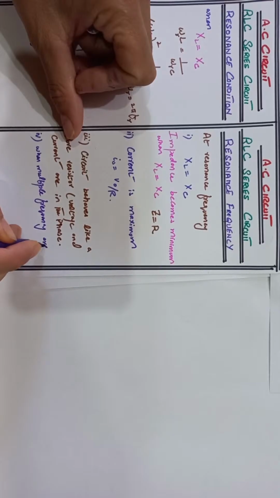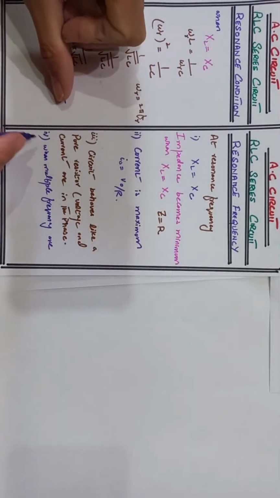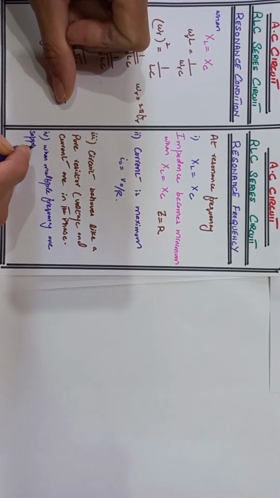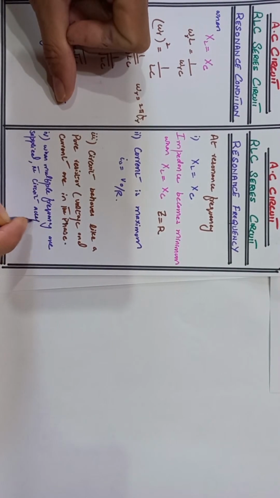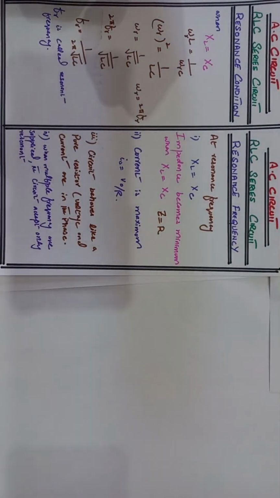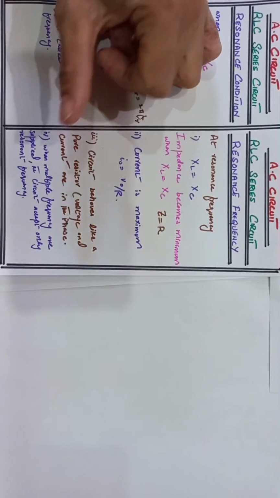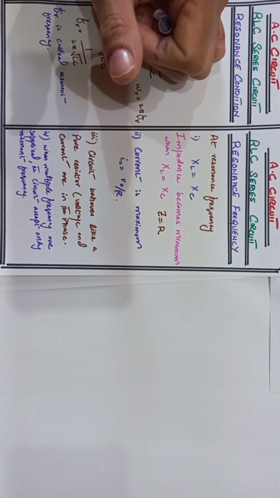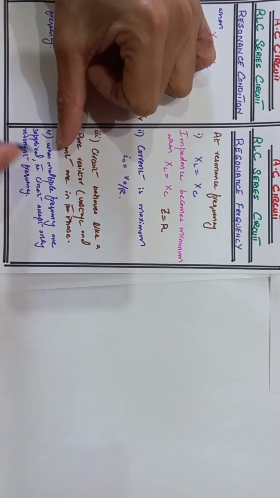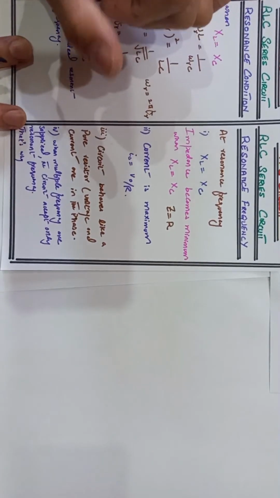And we know that at the resonant frequency the circuit allows the maximum current to flow. The circuit accepts only the resonant frequency and rejects other frequencies. That's why it's called the acceptor circuit.